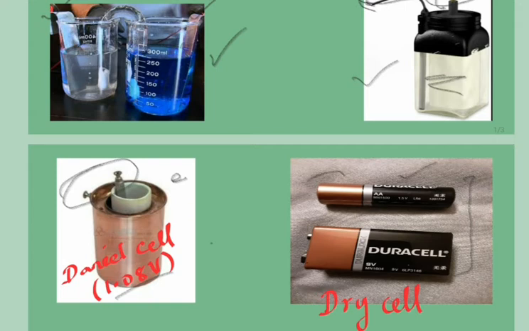This is a dry cell which is having 1.5 volt, and another dry cell giving 9 volt. Inside the dry cell also we have electrolytes, and positive and negative electrodes from which we get the voltage. These are the different types of cells that we see maybe in laboratory or in daily use.